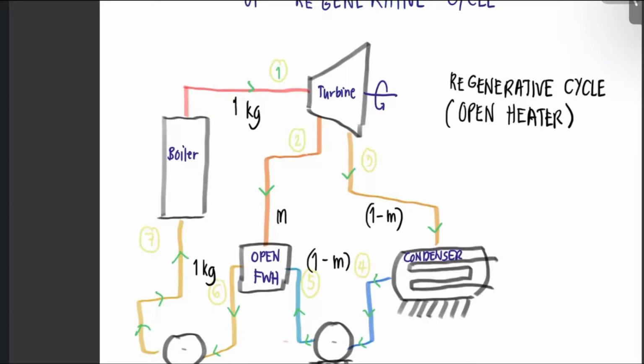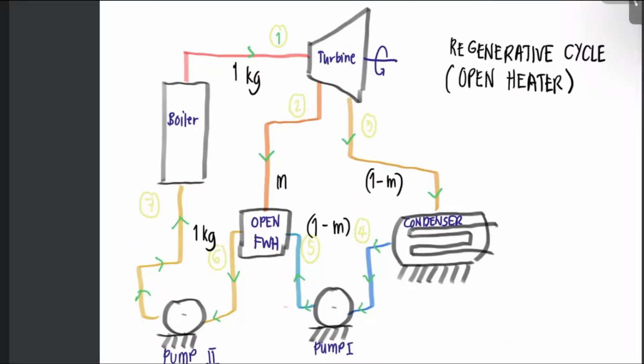Yan. Regeneration yan, class. Ang tawag na dyan is the regenerator or yung feed water heater natin. Okay? Regenerator or feed water heater. Or makikita nyo sa mga symbol, yung feed water heater natin is always FWH.